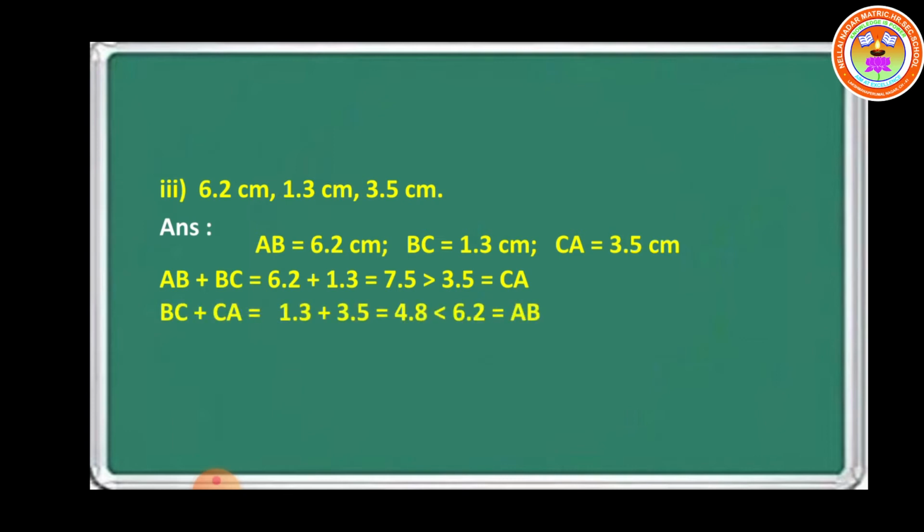BC plus CA is equal to 1.3 plus 3.5 which is equal to 4.8. 4.8 is greater than 6.2 which is equal to AB. CA plus AB is equal to 3.5 plus 6.2 which is equal to 9.7 greater than 1.3 which is equal to BC.